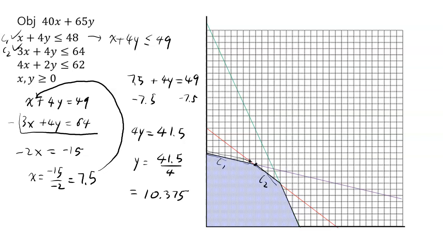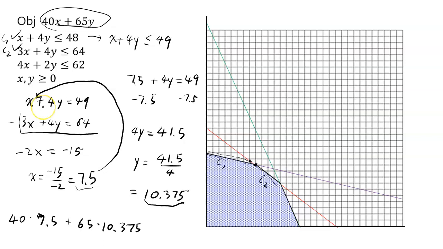Now, in turn, if you have a new optimal solution, that is going to change your objective function, right? So if you plug these numbers into the objective function, you get the changed value of the objective function. So let's do that. 40 times 7.5 plus 65 times 10.375. Okay, I definitely need a calculator.